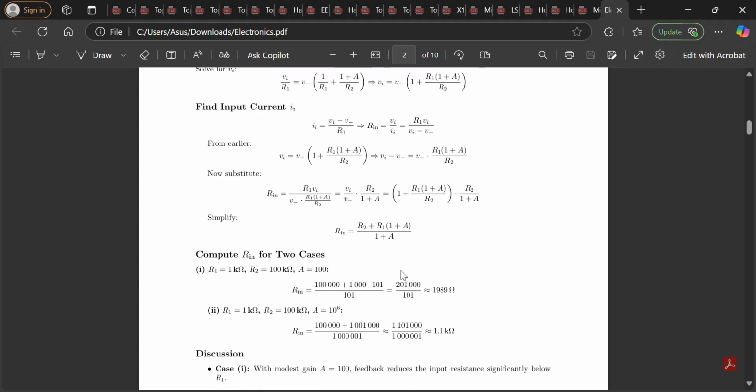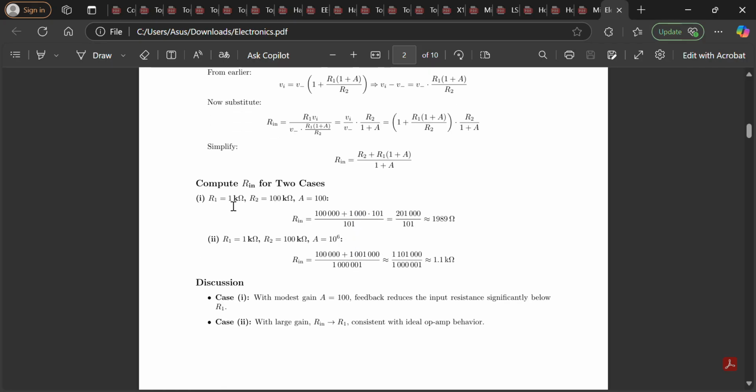If A goes to infinity, input resistance equals R1. With lower A, feedback reduces input resistance. Here we can see we computed two cases.